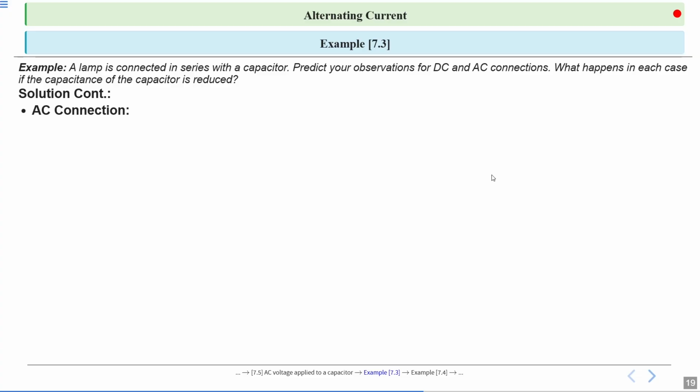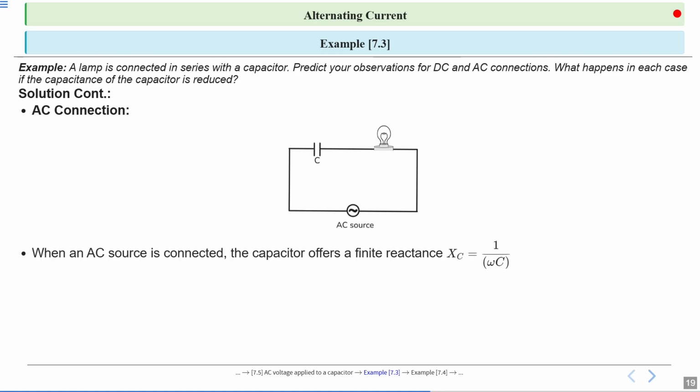Now when we connect a capacitor to an AC source, the capacitor offers a finite reactance. It will not offer infinite reactance, because omega has a finite value, due to which there will be a finite value of capacitive reactance.